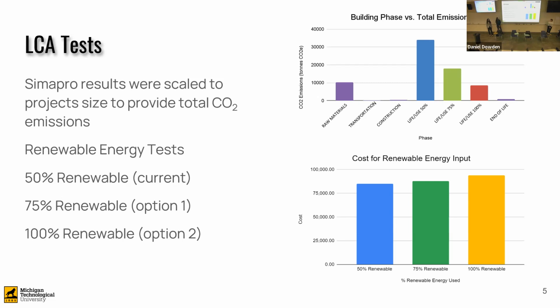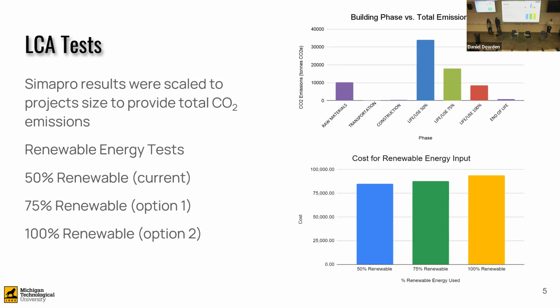And so due to this and the fact that the use phase generally has the largest emissions due to it being the longest phase of the life cycle analysis, we decided to focus our life cycle analysis on the life and use phase and kept all other phases the same for easier comparison. We also chose the life and use phase because we were able to get power and cost estimates from HED Designs, since the HSTEM building will not be connected to the steam tunnels.